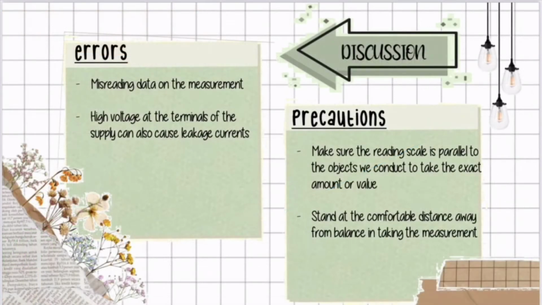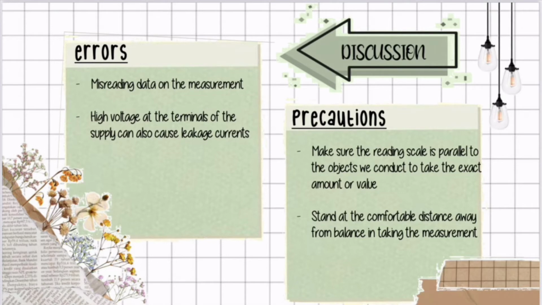Now, we will discuss the error and the precautions in this experiment. Firstly, the error in this experiment is misreading data on the measurement. This is because the measurement is not parallel to the reading scales. Secondly, high voltage at the terminals of the supply can also cause leakage current.